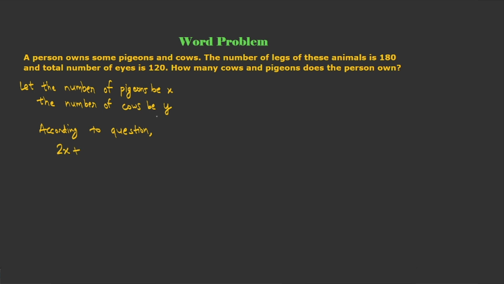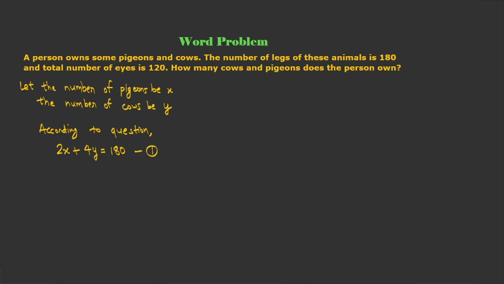In the same way, one cow has 4 legs, so Y cows will have 4y legs. And the total number of legs given to us is 180. So we will add the number of legs of pigeons and the number of legs of cows, and we will get 180, because the question gives 180. Let us take this as equation 1.